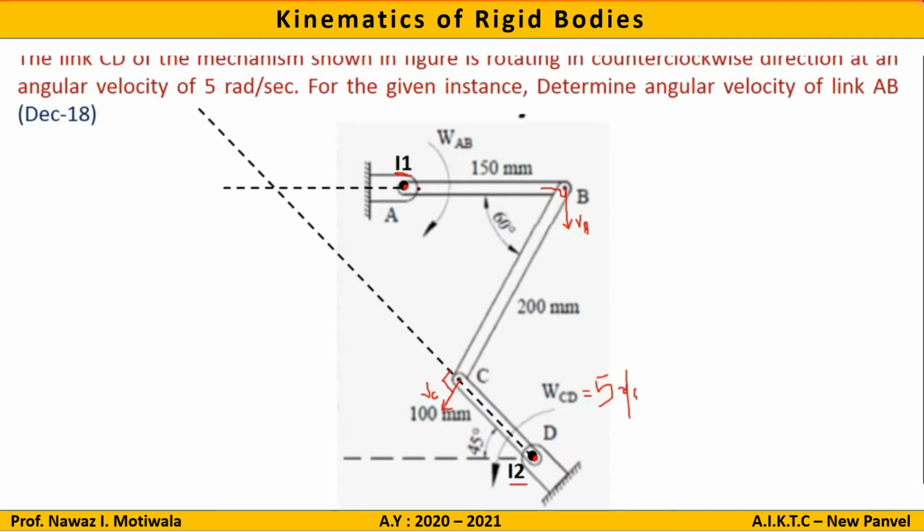This link is hinged, so I am extending it towards this side, and this other link is hinged, so I have extended it this side. Wherever they meet, that gives you an ICR. By either method, the ICR will be the same. So this is my ICR I3.